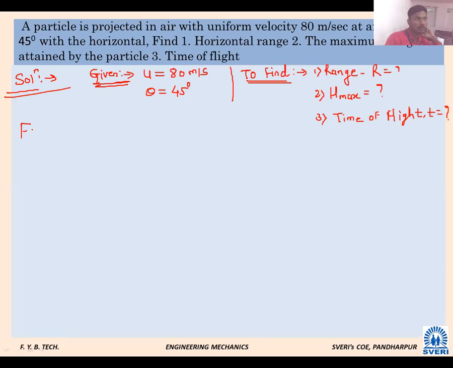For projectile motion, or a projectile projected at an incline, we know the formulas. Which formulas do we know? We know equations of linear motion, something like that.